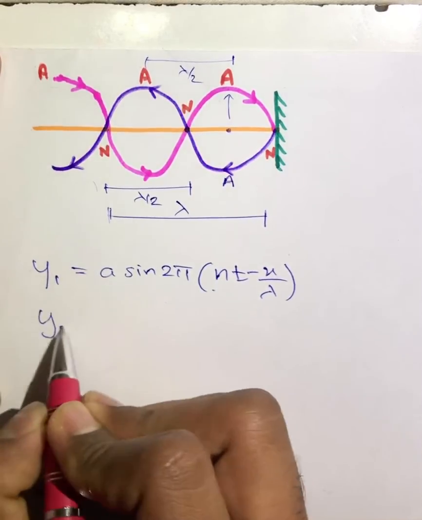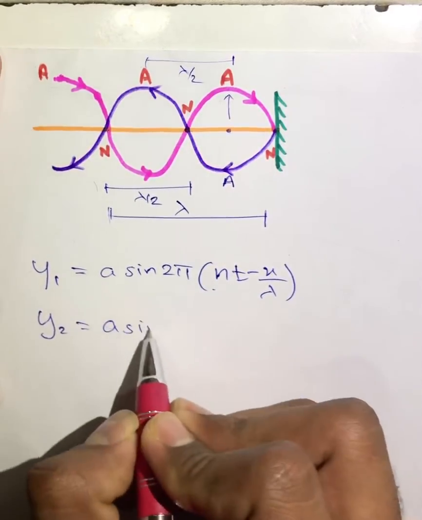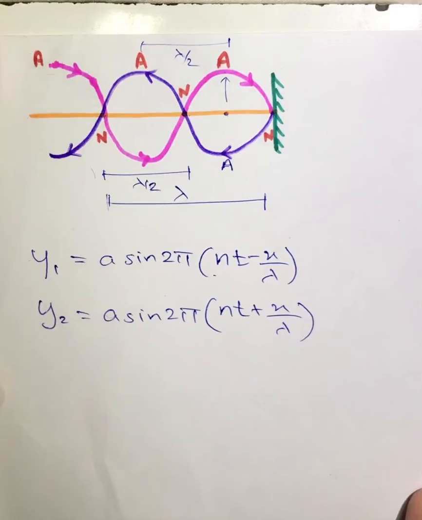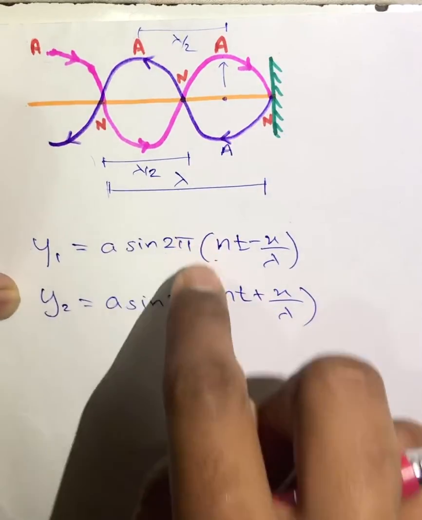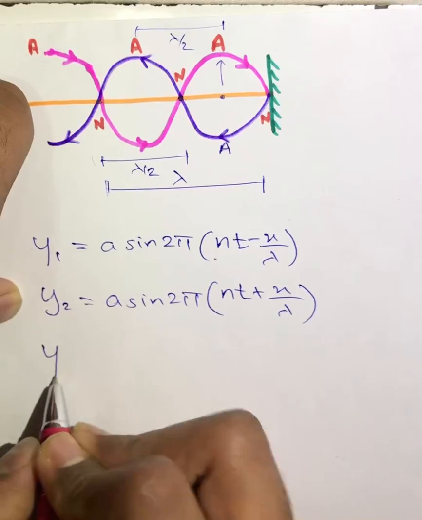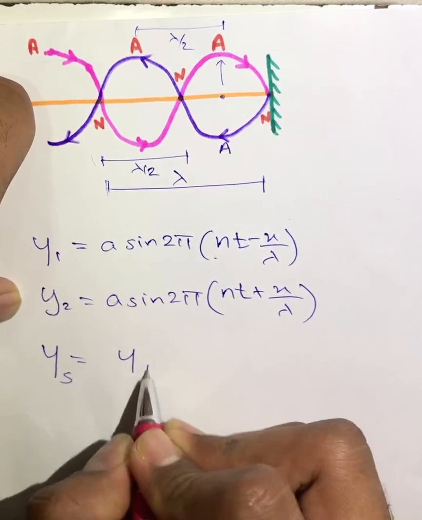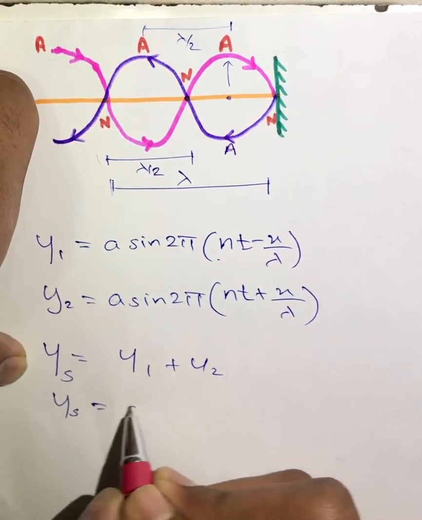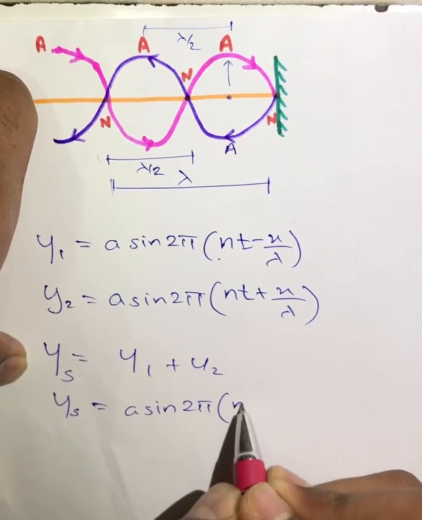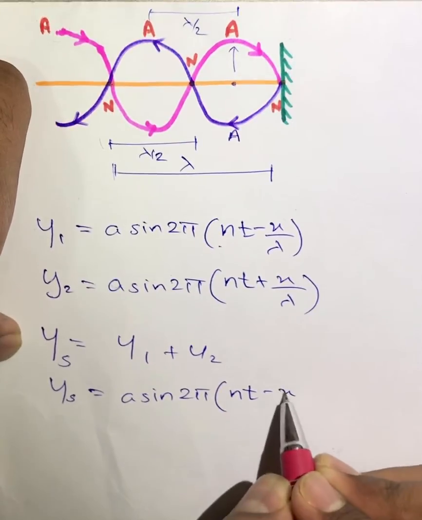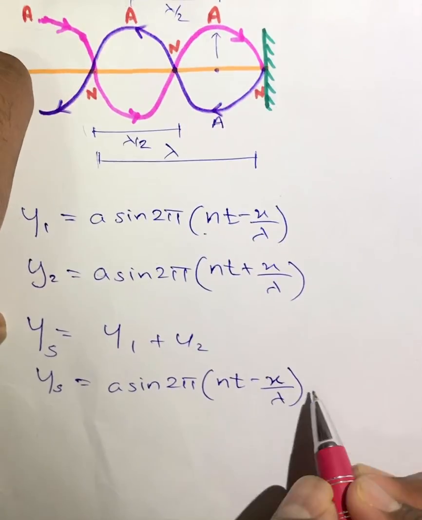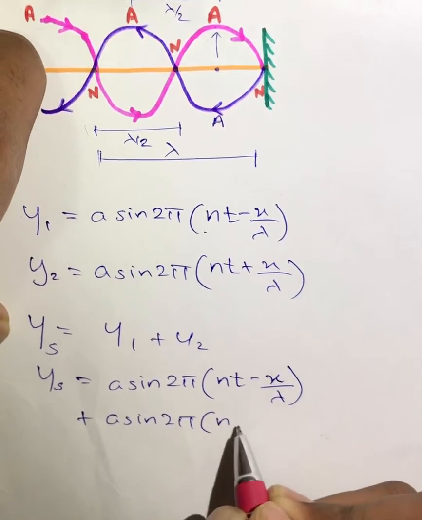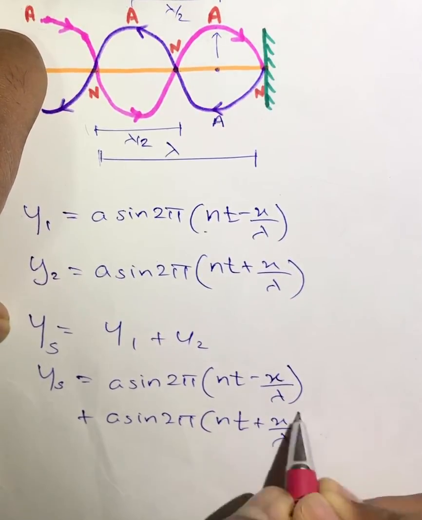So y2, which is the lavender wave, is written by a sin 2 pi (nt plus x upon lambda). Since the stationary wave is the combination of both these waves, we simply add them. So this is the stationary wave, y1 plus y2, which can be written as a sin 2 pi (nt minus x upon lambda) plus a sin 2 pi (nt plus x upon lambda).